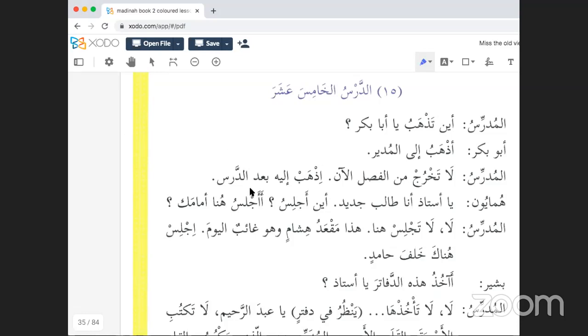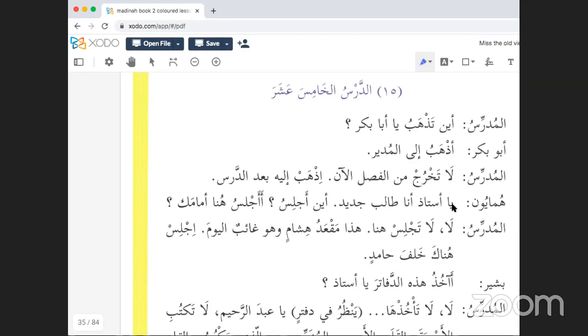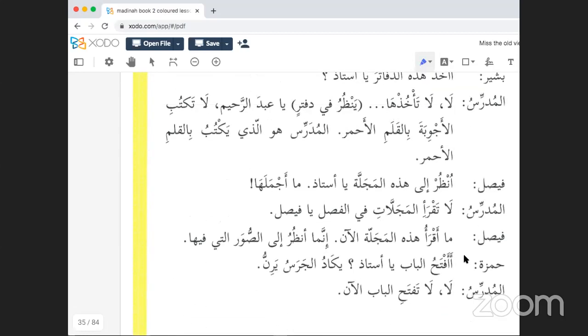No. Okay, so it's Saqib and Habib. If you can take the mic, and Saqib, you can read Al-Mudarris, and then Habib, you can read the various students that are talking.